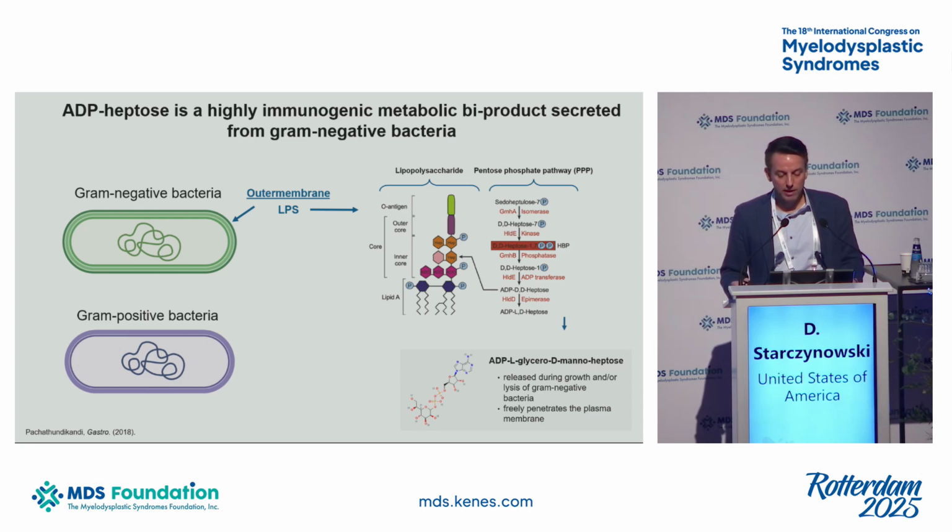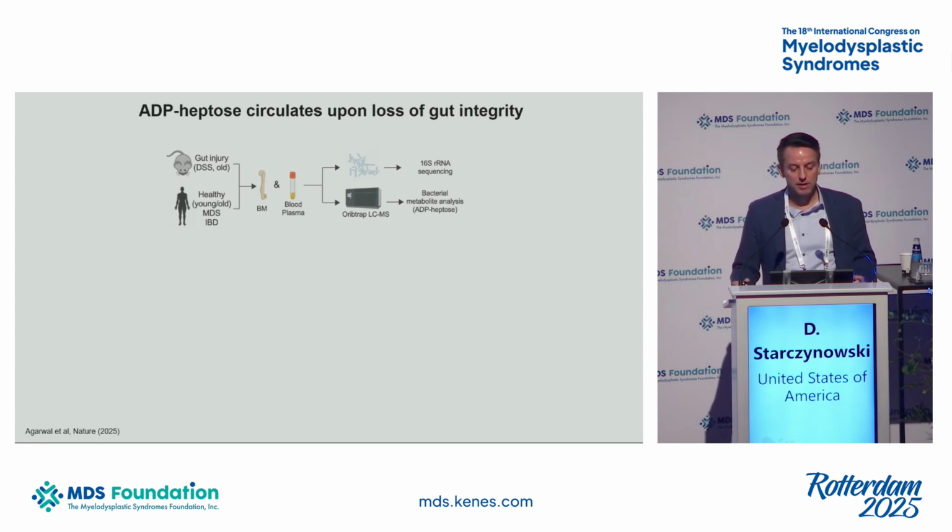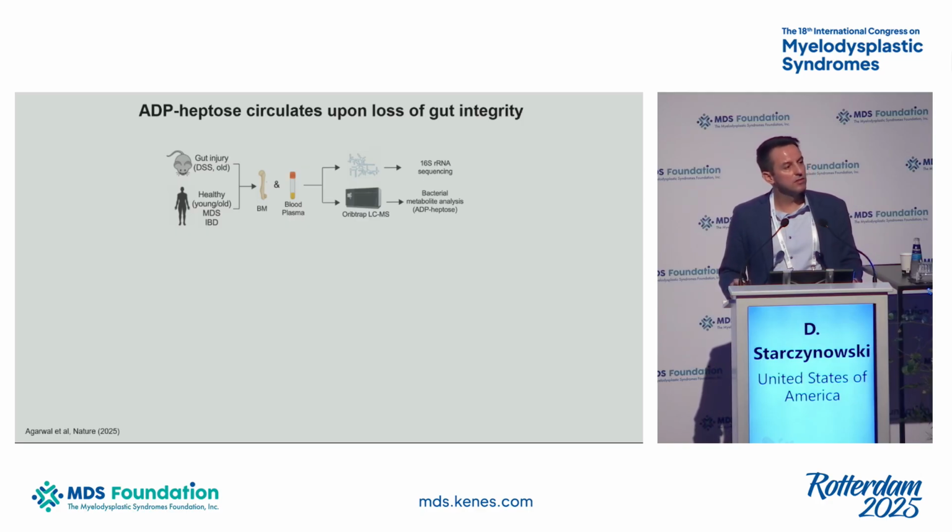So we asked whether ADP-heptose, this metabolic byproduct of gram-negative bacteria, is elevated in the circulation of our older mice as well as in humans with MDS and CHIP.